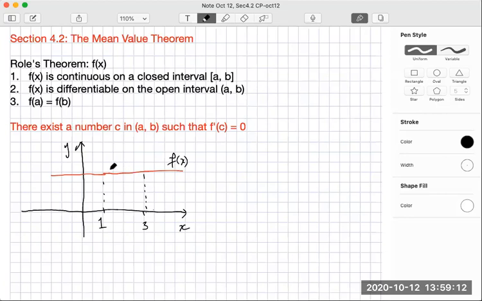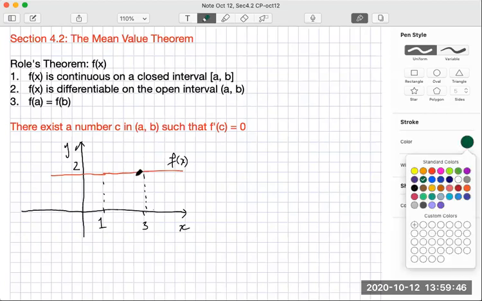And the third one, f at 1 and f at 3, suppose this is 2. So we see that f of a is 2, f at b is 2. Then it satisfies all three conditions here. Therefore, it satisfies all the hypotheses of Rolle's theorem. We conclude that there exists a number c in this domain.